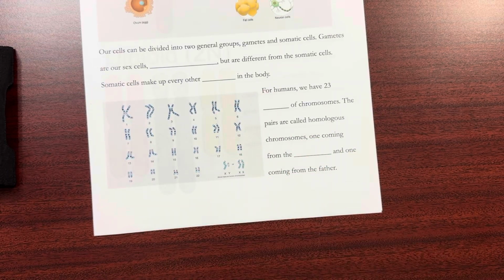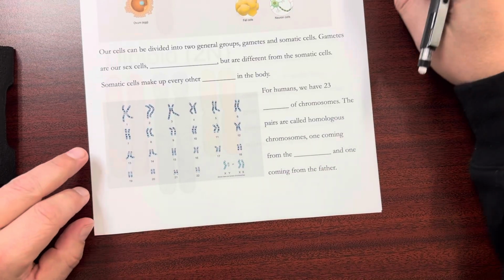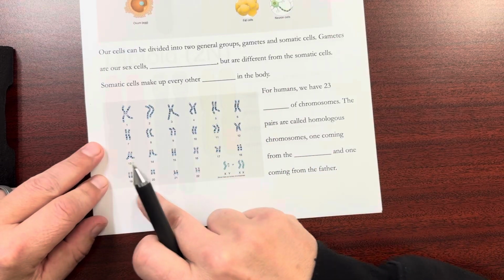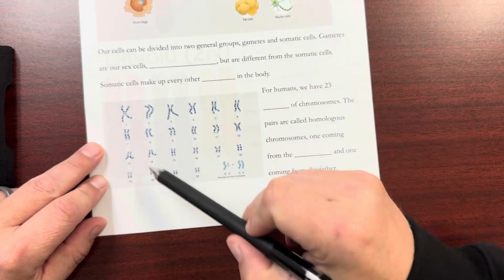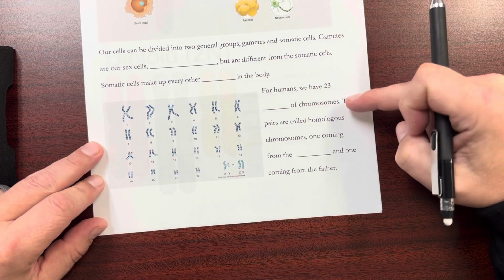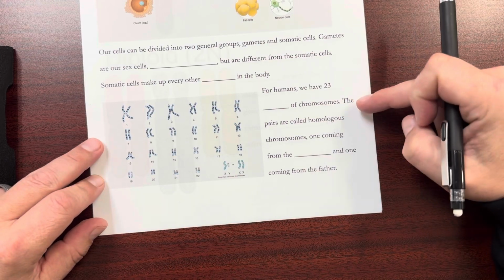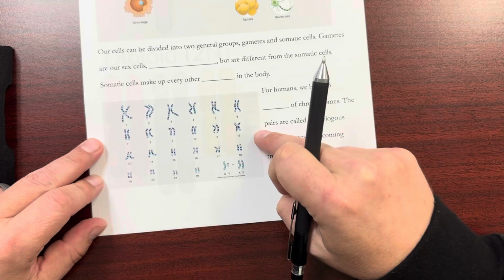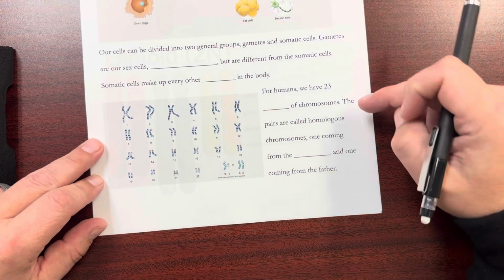Down here we have images. It's really a drawing, it's not a photograph, of chromosomes. And you notice that they're all in pairs, right? For humans, we have 23 pairs of chromosomes. So these would be found inside of a normal somatic cell.